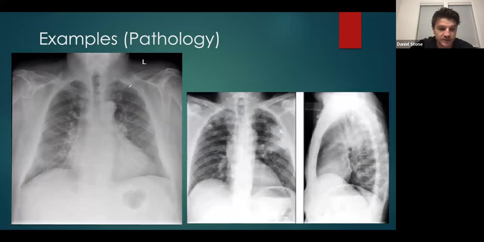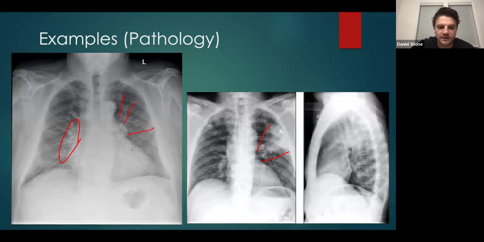These are just a couple of examples. Basically this is heart failure, and then here's pneumonia. Pneumonia creates a little bit more of a density on the projection. Heart failure usually starts in the hila and works out. It's got a very specific pattern. People describe kind of a bat wing appearance to pulmonary edema.